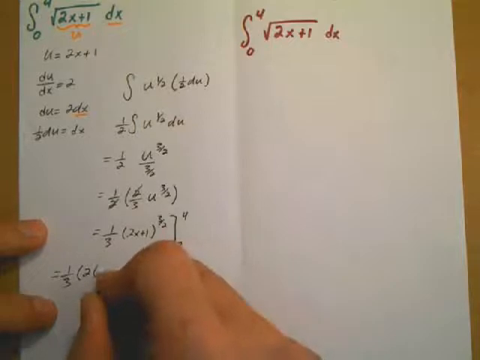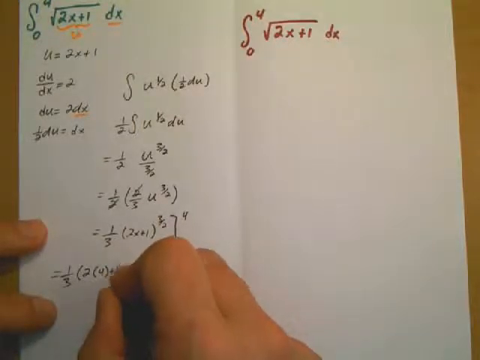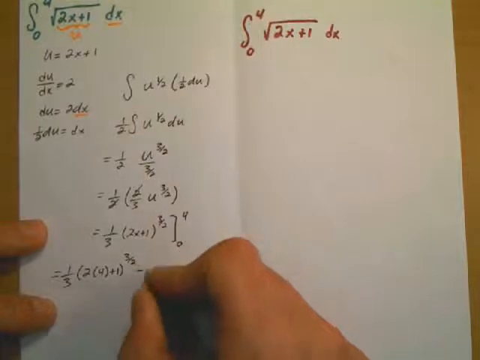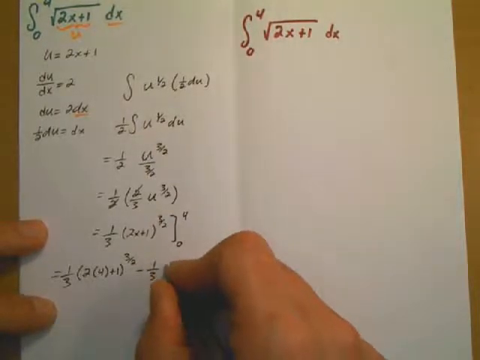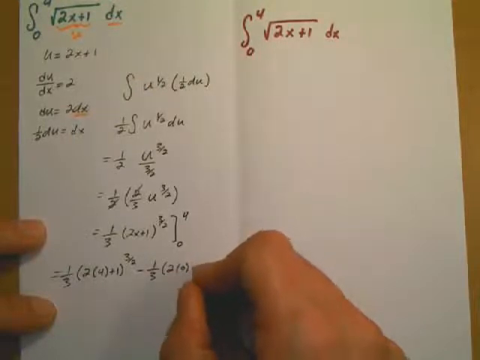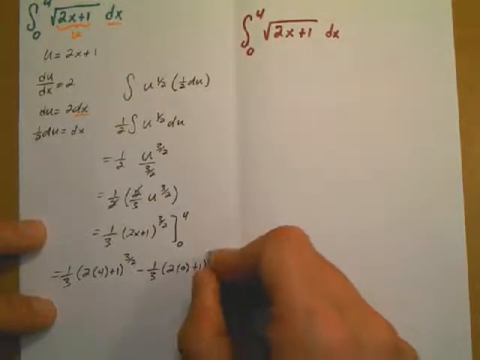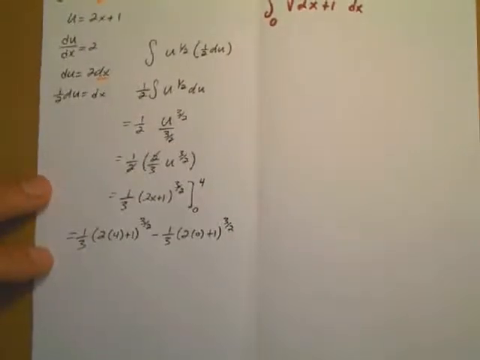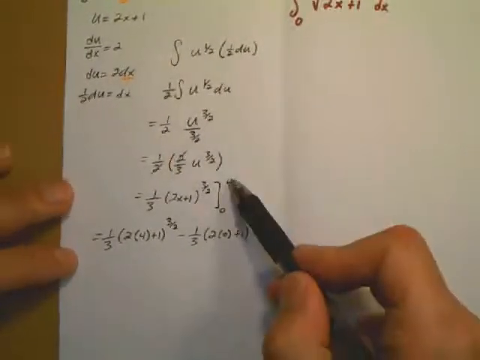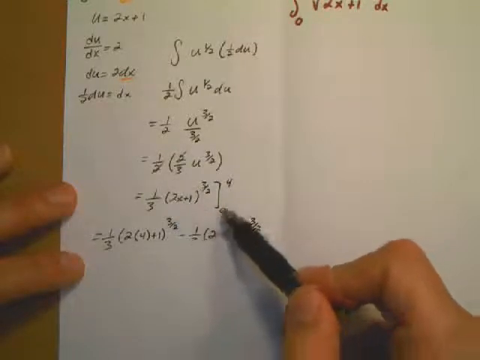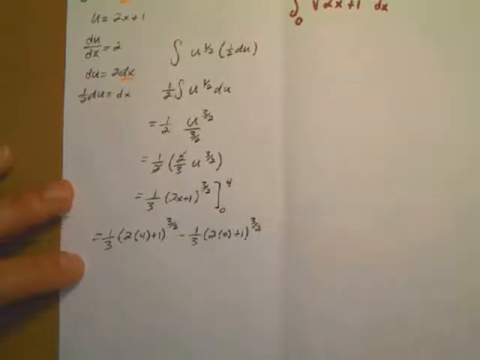The upper limit is going to be 2 times 4 plus 1 to the 3 over 2, minus 1 over 3. My lower limit is 0, so it's 2 times 0 plus 1, all raised to the 3 over 2. All I did in this step was evaluate my top limit and then substitute in my lower limit, and now I'm just simplifying.